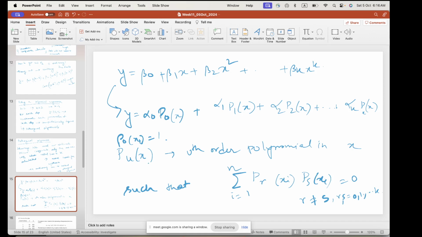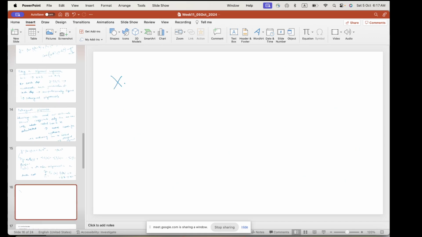Okay, so if we formulate our model in this manner and then we write our model matrix as this, that X is nothing but 1 1 1 1, and instead of x1 x2 x3, here we'll write p1 x1, p1 x2, p1 xn, pk x1, pk x2, and pk xn.